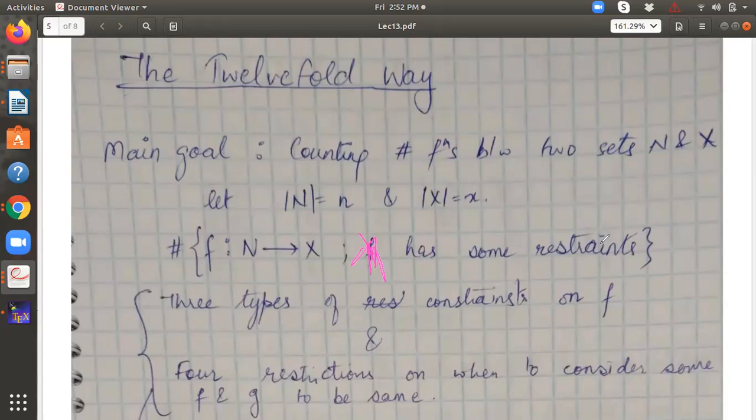The second type: once you have taken these 3 types of constraints on f, let's say f1, f2, f3, 3 major classes of functions, then within f1, when would you say 2 functions f1 and g1 are the same?